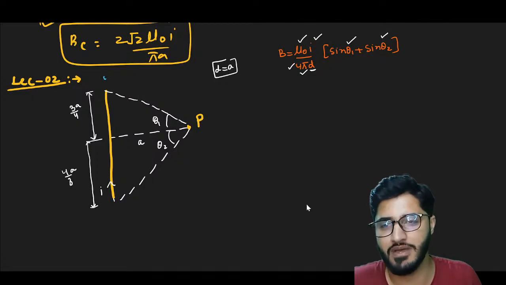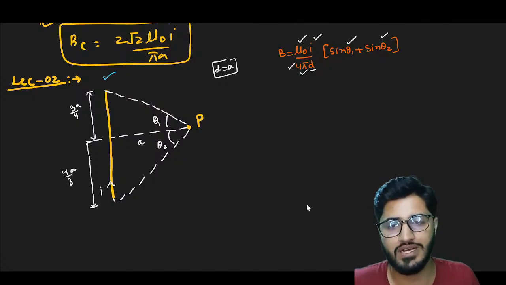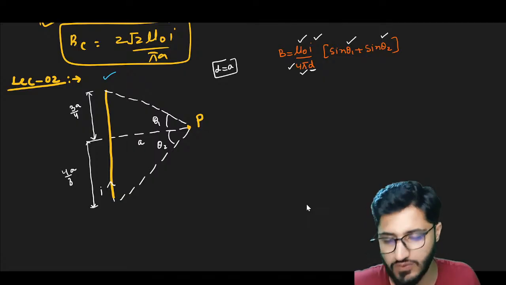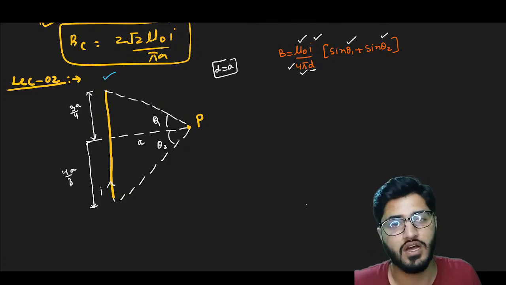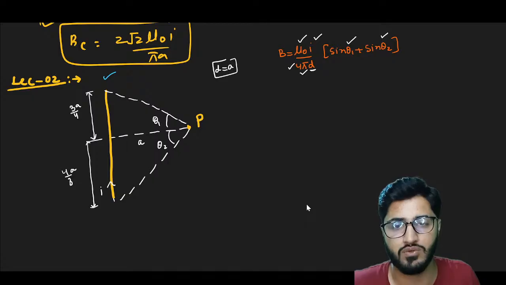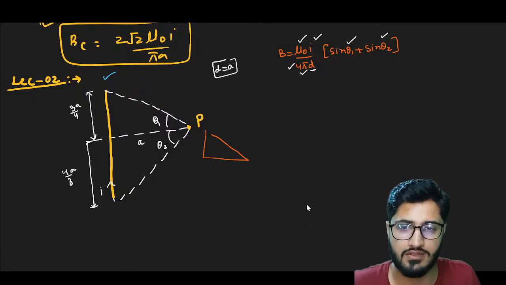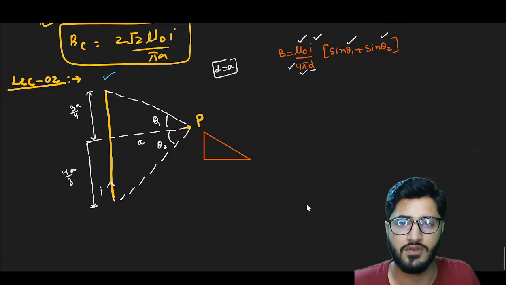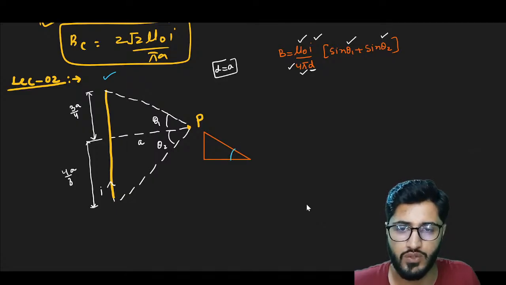Basically, we have this numerical, and theta 1 and theta 2 are not given to us. We need to find them. How will we get theta 1 and theta 2? We can make a triangle. This theta we need to calculate. This side is 3a by 4.